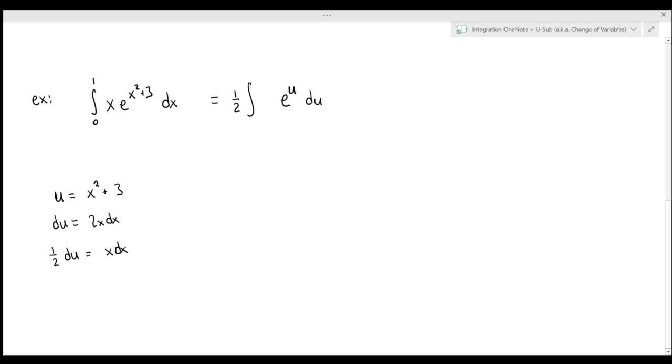Okay, now, since we had a definite integral though, what you could do right now is solve for the new bounds in terms of u. So that's the first way to handle a definite integral when doing u substitution.